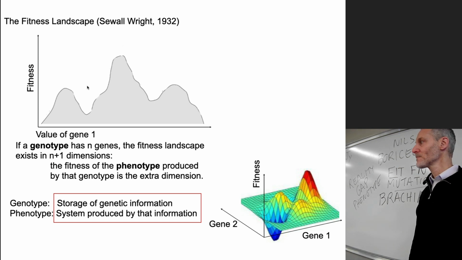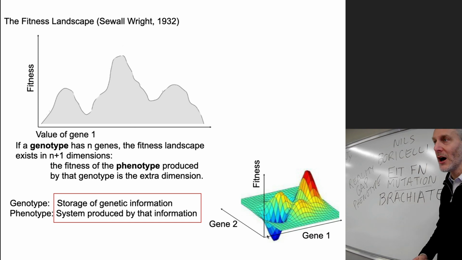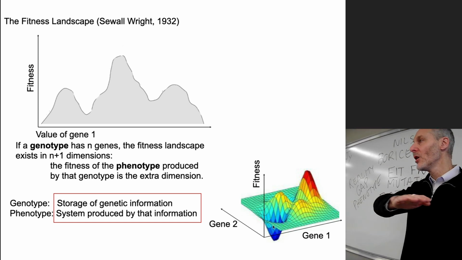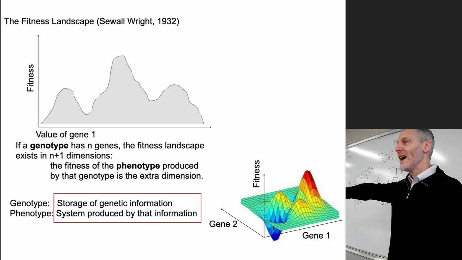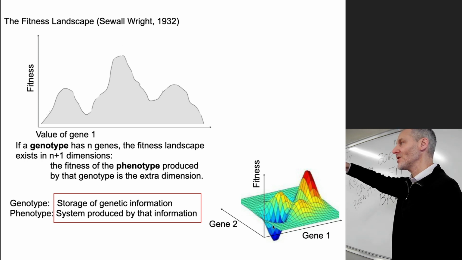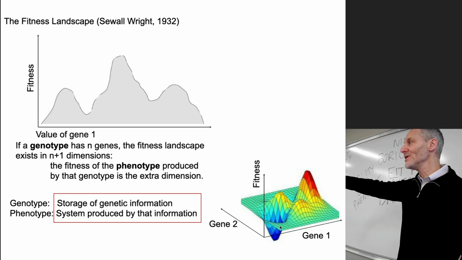So far, so good? Okay, 2D fitness landscapes are super boring, so let's move on to another hypothetical species that has 2 genes. We can now travel horizontally in this 3-dimensional space, and every horizontal position corresponds to a unique pair of gene values.